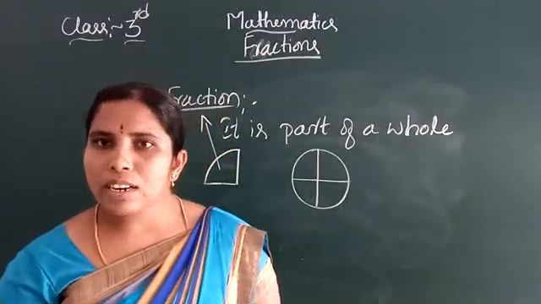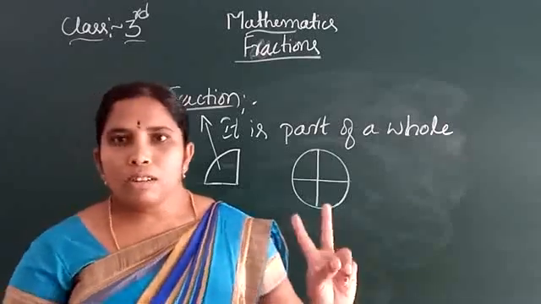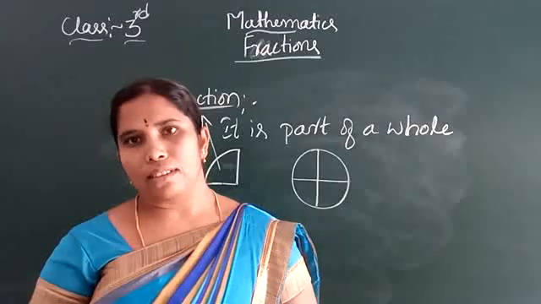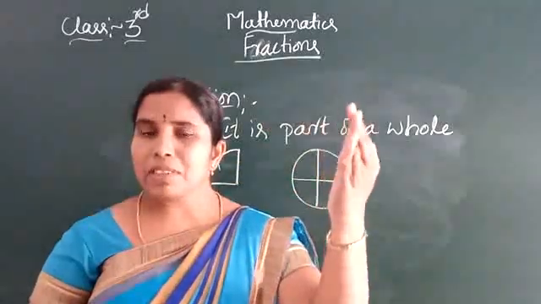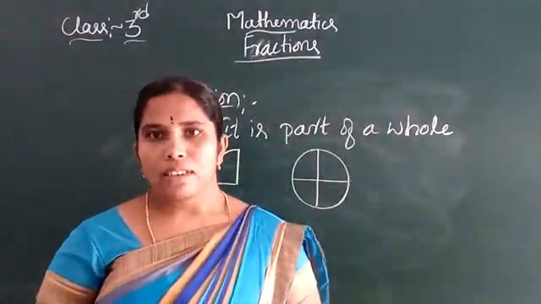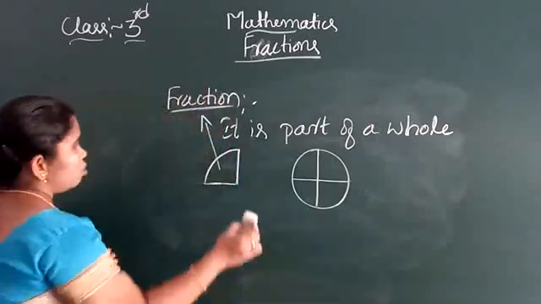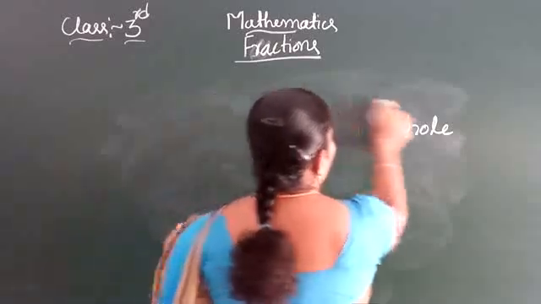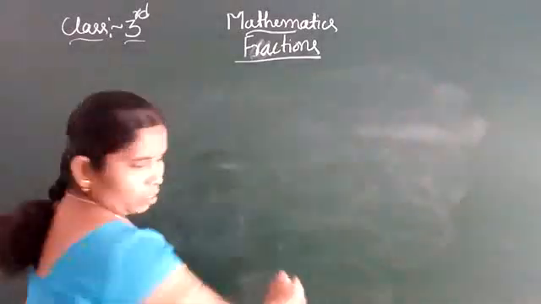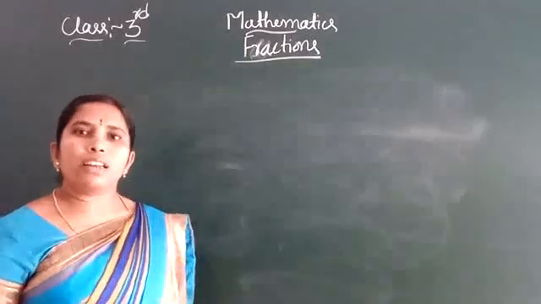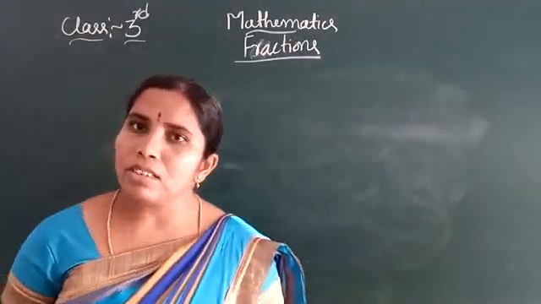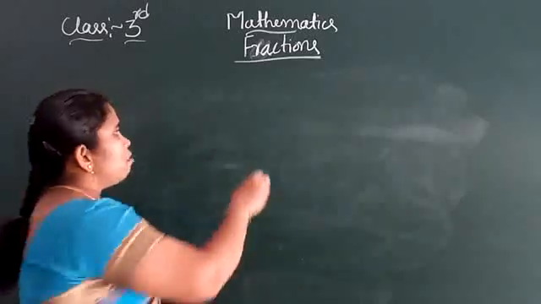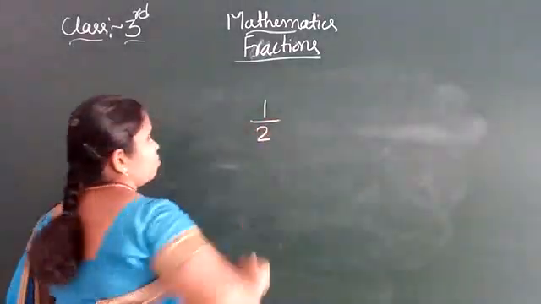So in a fraction, there are 2 terms: numerator and denominator. Which is the numerator and which is the denominator? See, observe here. I will show that. A fraction has two parts, numerator and denominator. See, 1 by 2.